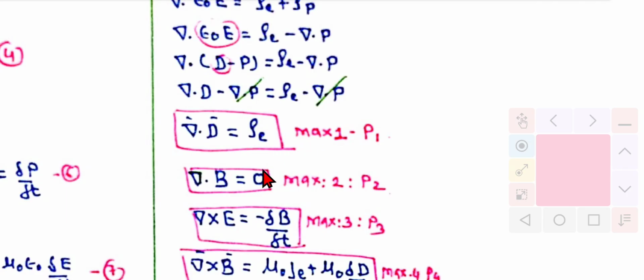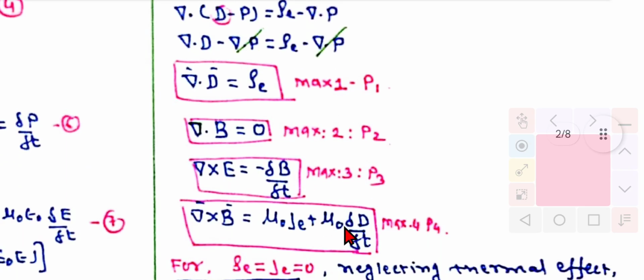Again, for the magnetic field vector, the Maxwell equation for plasma remains the same: del dot B equals 0. Curl of E equals minus del B by del T. This is Maxwell's equation number 3.